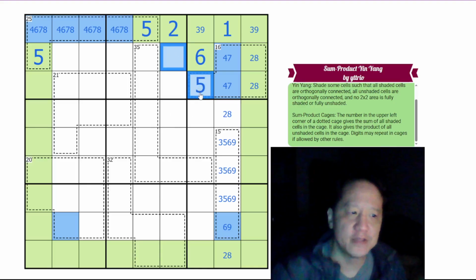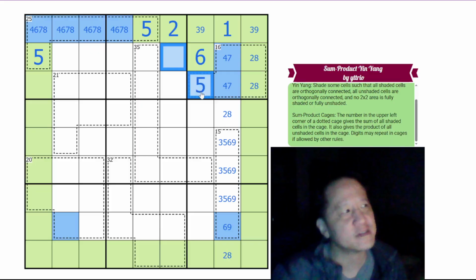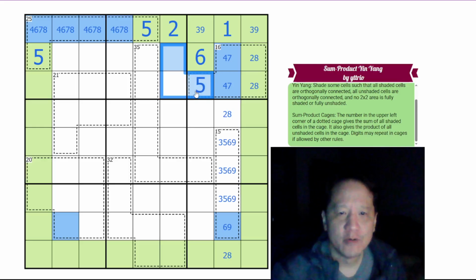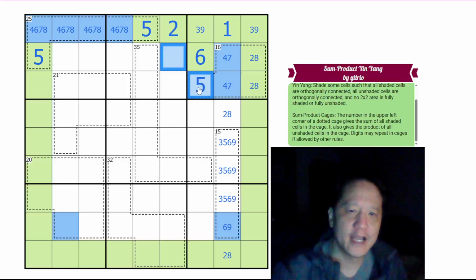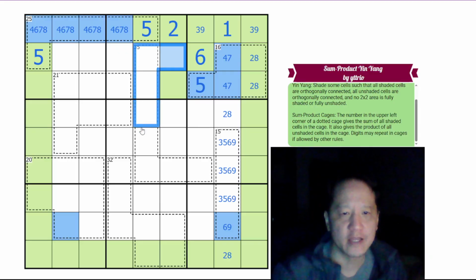Another thing, another axiom, or is it lemma? I don't remember. Another thing you know about yin-yang shading is if you have a diagonal going one way here, that's the same shading, you cannot have a diagonal of the other shading going the other way. And the reason is, try to orthogonally connect the blue regions from this diagonal.